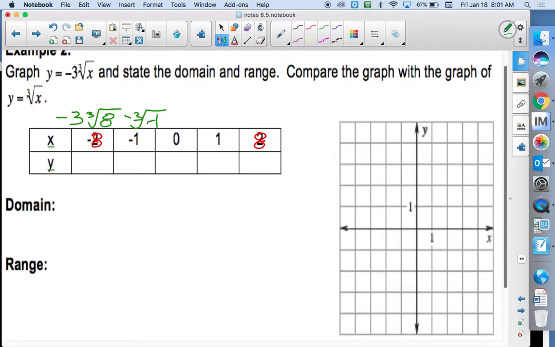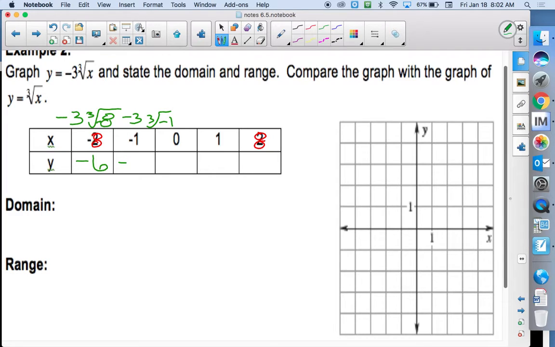So Melanie, if you have -3 times the cube root of -8, what's that going to be? The cube, or -3 times the cube root of -1 is? What's the cube root of -1? Times -3.